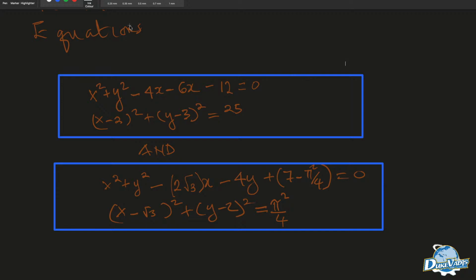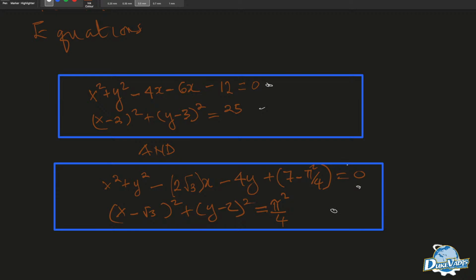So you see that at the end of the day, the second equations are nothing but what we expanded to get the equations we have on top. So this equation here is the same as this one, and that, and that.